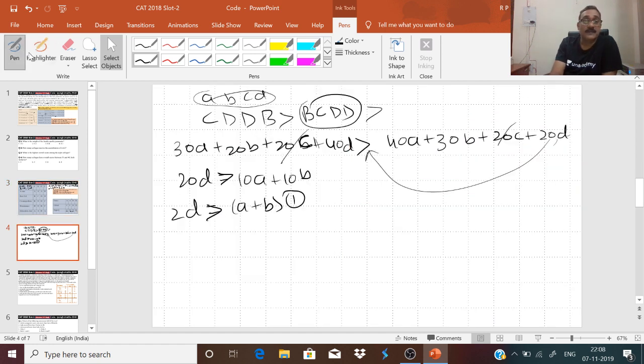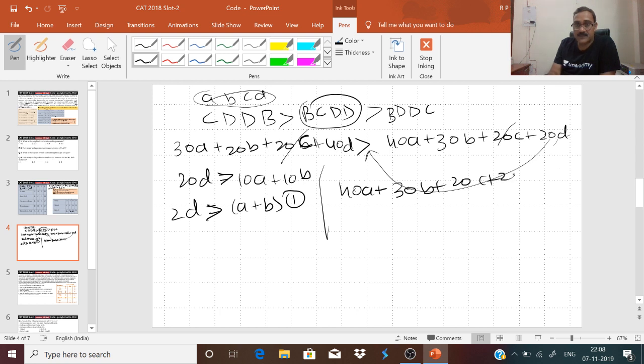So guess these things: B, D, D, C. So by using this condition, B means 40A, weight wise you have to multiply the grade point. 40A plus 30B plus 20C and plus 20D is greater than 40A plus 20B plus 20C and plus 30D.